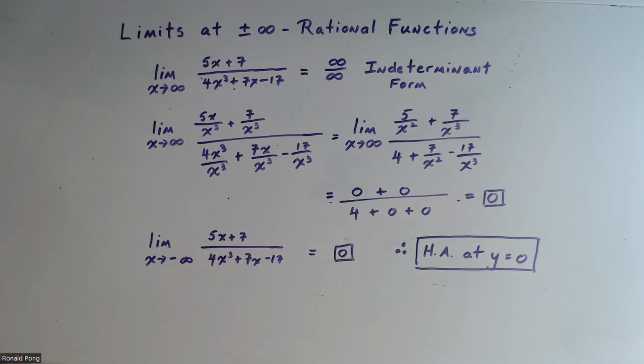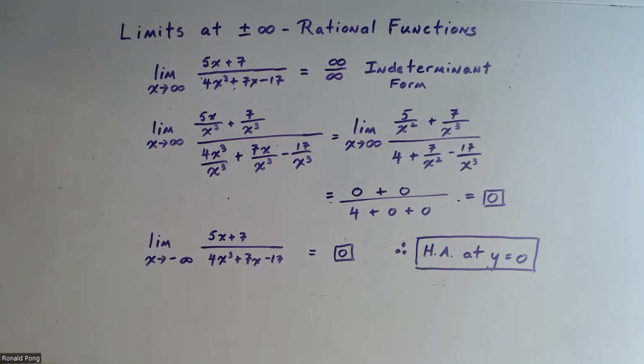For example, if we look at the limit as x approaches infinity of this rational function, where n, the degree of the numerator, is 1, and m, the degree of the denominator, is 3, n is much smaller than m, and plugging in, quote unquote, we arrive at infinity over infinity, which is an indeterminate form.